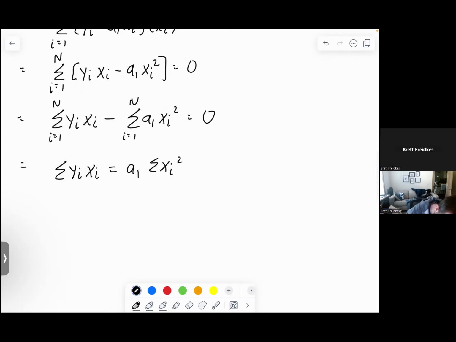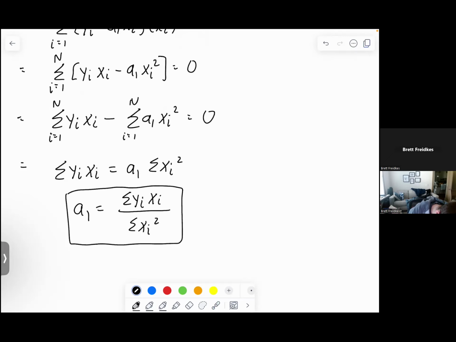And now we can solve for a1, because remember, this is just a number. The summation of xi squared is the summation of 2 squared plus 7 squared plus 12 squared, whatever the x values are. It just ends up being a number. We can divide by that number. So we end up with a1 as being the summation of yi xi over the summation of xi squared.